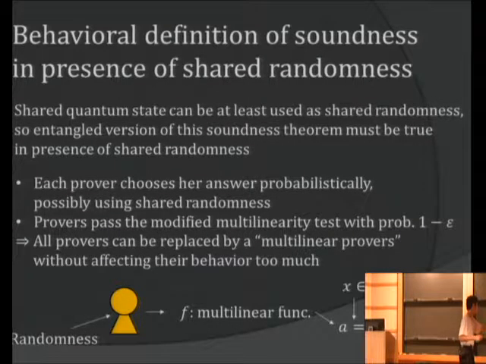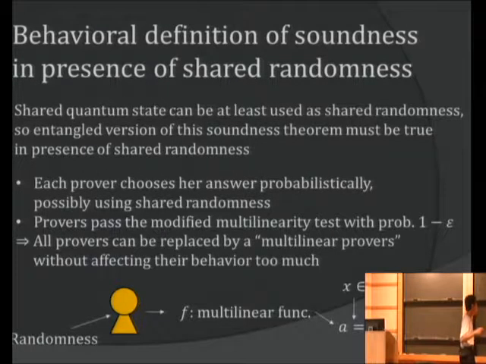So we don't change the shared random variable at all. We just change how the provers use it. And actually this reformulation doesn't tell you anything new per se, because shared randomness can be eliminated at the first step of a proof.